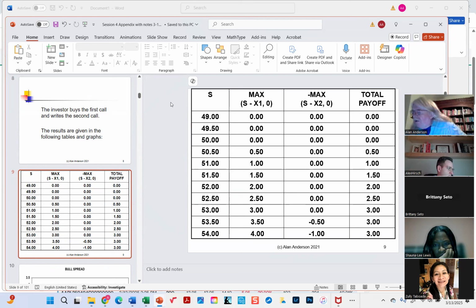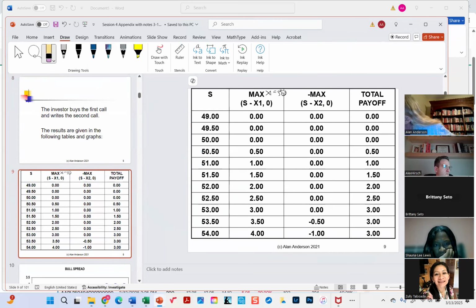Here's the one we bought. Just a quick reminder, X1 is $50. And the one on the right, the one that we sold or wrote, has a strike of 53. If you look carefully here, the one on the left is out of the money here, in the money here. I'm sorry, at the money. Hold on one second.